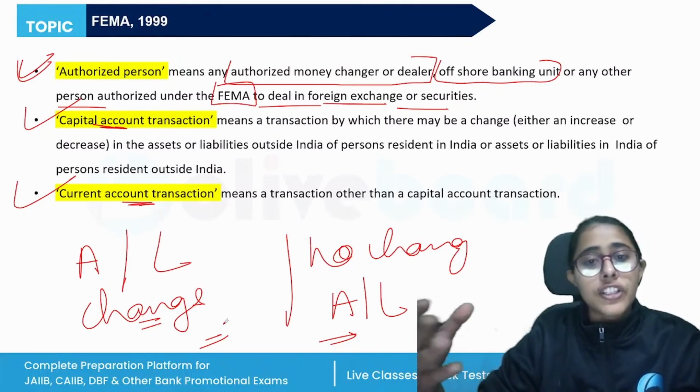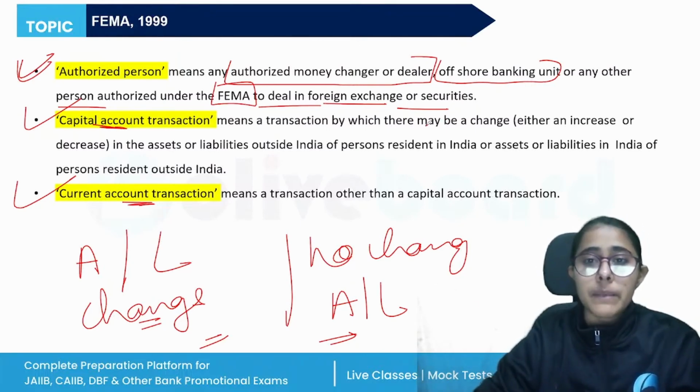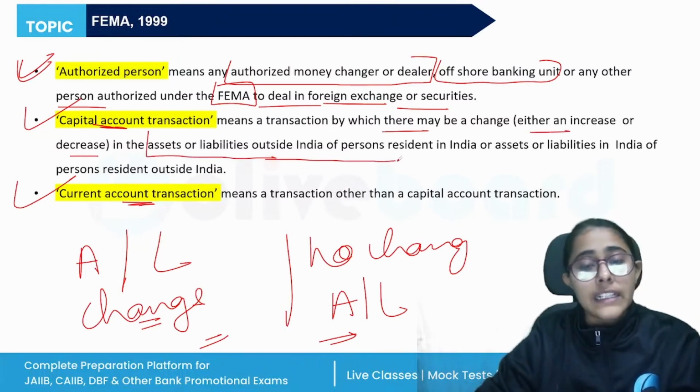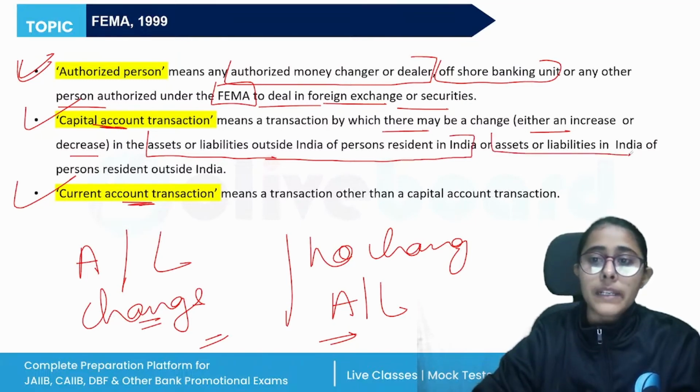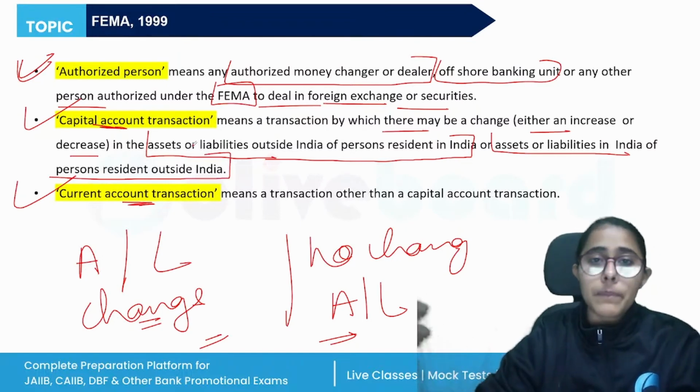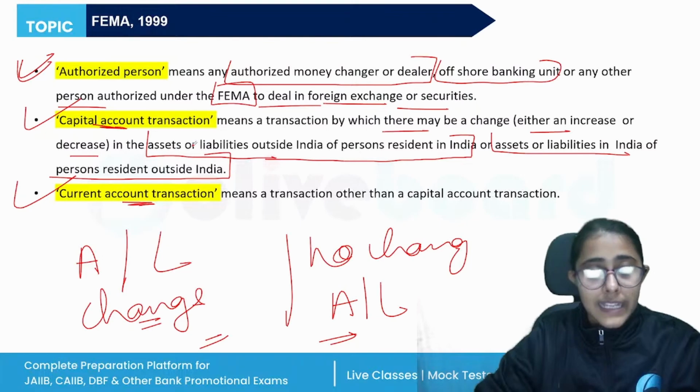Capital account transaction: any transaction by which there may be a change, either an increase or decrease, in the assets or liabilities outside India of persons resident in India, or assets or liabilities in India of persons resident outside India. If any change is happening in the asset or liability situation, then it is a capital account transaction.